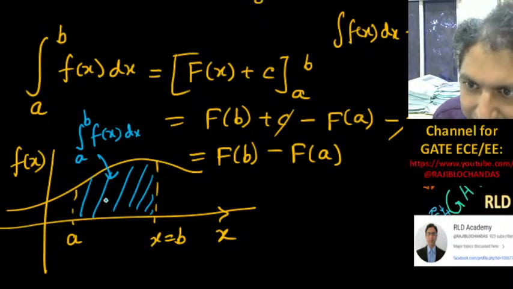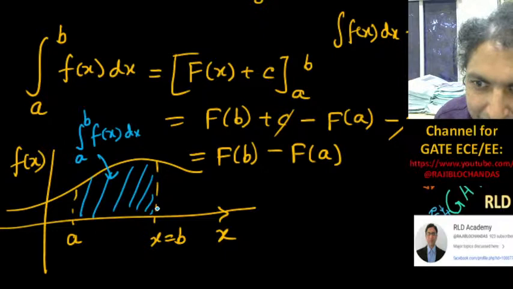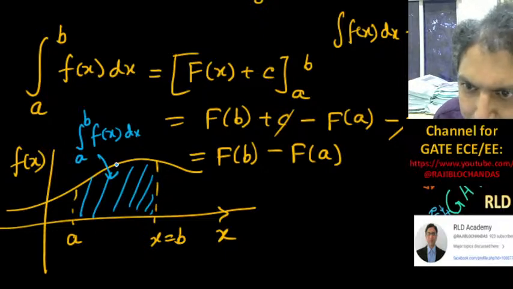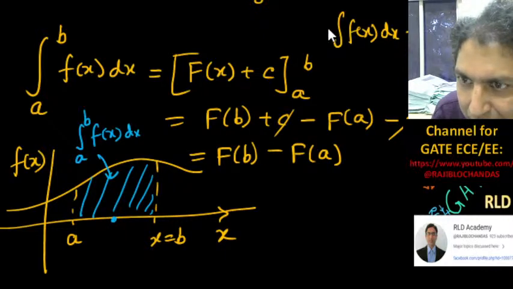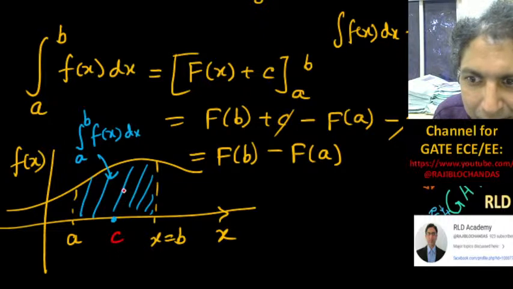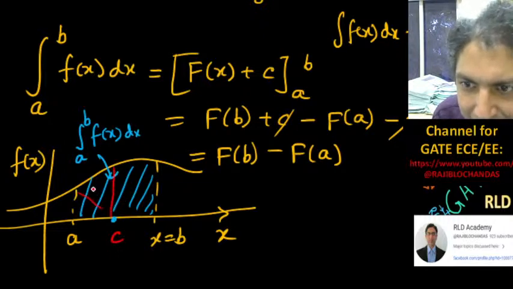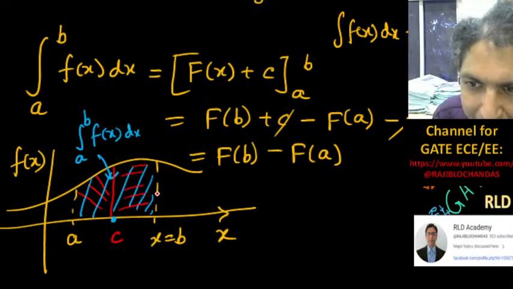Now as this is the area, we can extend this with one simple idea. I can take one more point, suppose this point is c. Then I can take first this area, then next area. So the total area will be again from a to b.